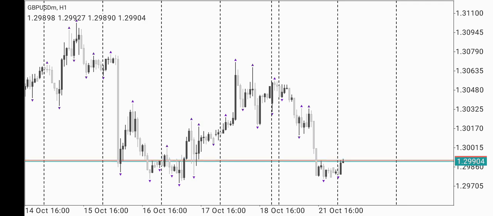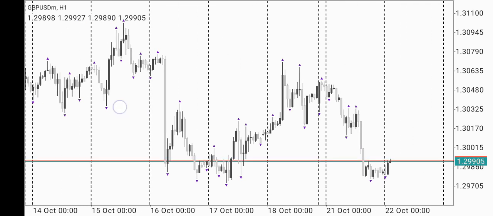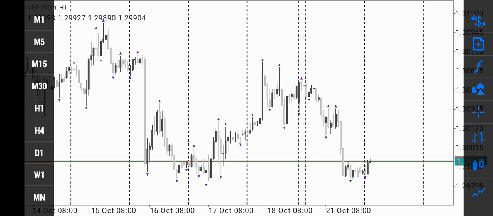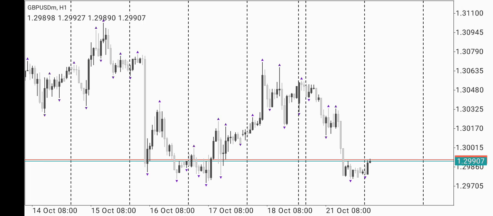You know that market structure or market flow determines the highs and lows of the market. And from what I told you in the class, it is best for you to get your directional bias from the higher time frame, not from the lower time frame.